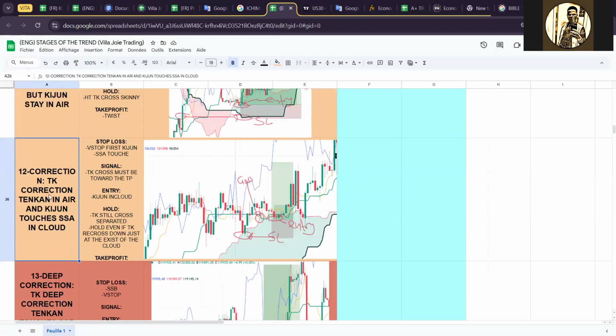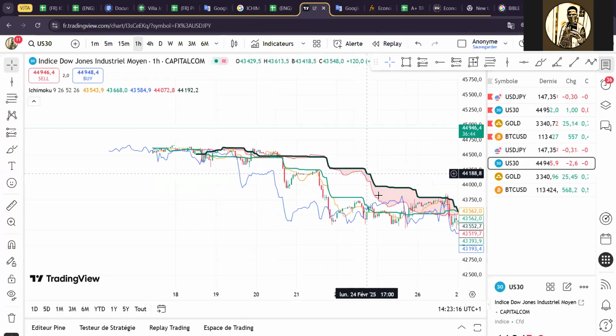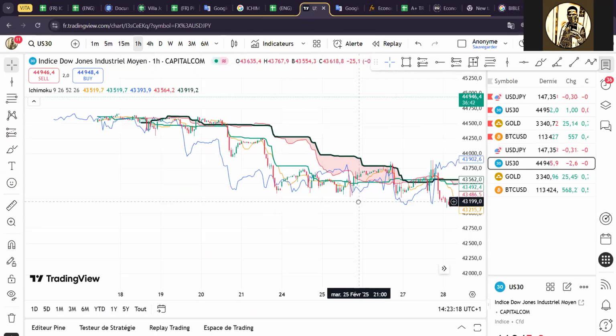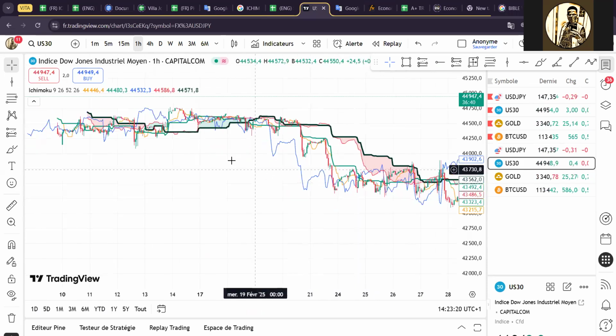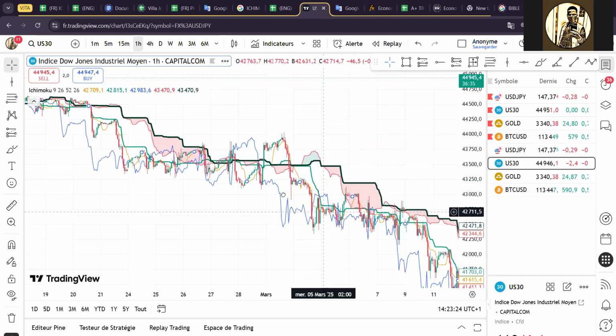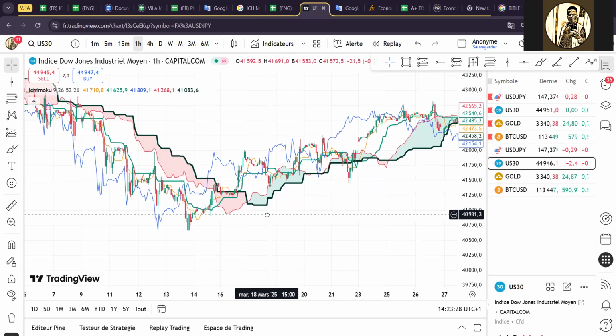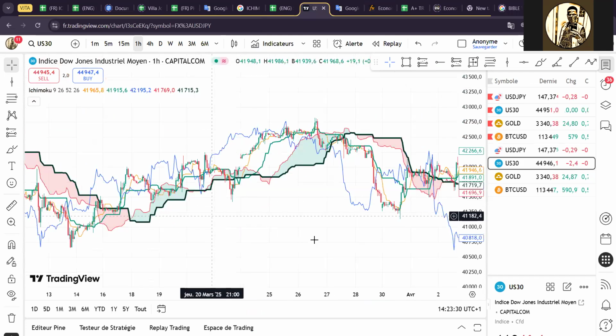The next question is that Tenkan, this screenshot that I placed here is not a good screenshot. What I wanted to tell you about that is that Tenkan and Kijun will make the correction out of the cloud. Let me just show you the example here.